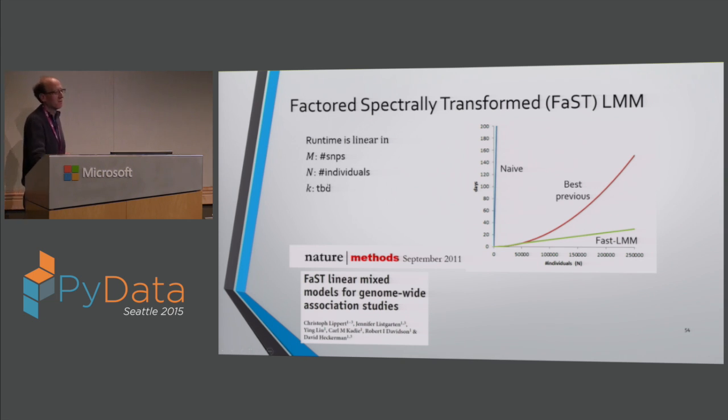There is a constant, and we're working on that constant. It's actually getting better. The straightforward way of doing linear mixed models goes crazy. The best previous method still grew, I think, quadratically with the square. And we can go to numbers of individuals way beyond 5,000. You might need a lot of computer memory to do this, but still, it's linear with the number of people.